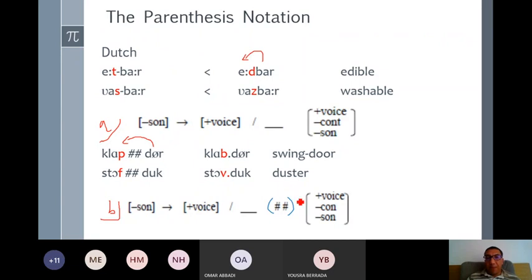The parenthesis notation expresses the optional presence of elements. Here, the word boundary is an optional element. The voicing assimilation applies across words and inside words. So that's the parenthesis notation.